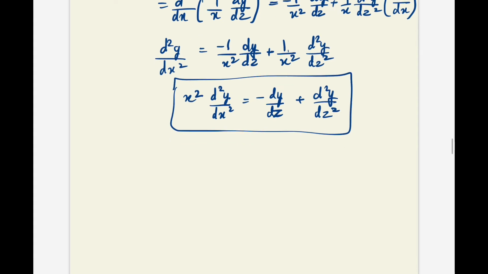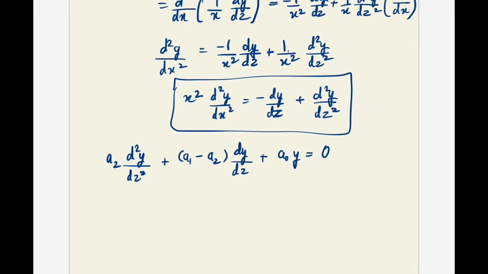We get the following equation. Cauchy-Euler differential equation of second order reduces to this form: a2 d2y by dz square plus a1 minus a2 dy by dz plus a0y equals to Q(z). Q is a function of z now.